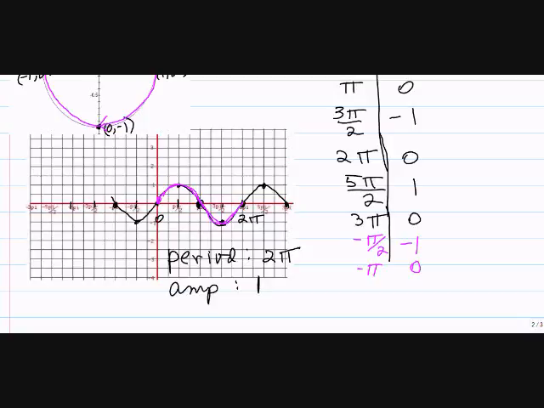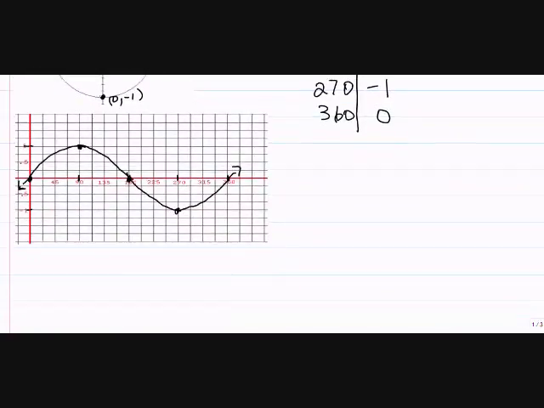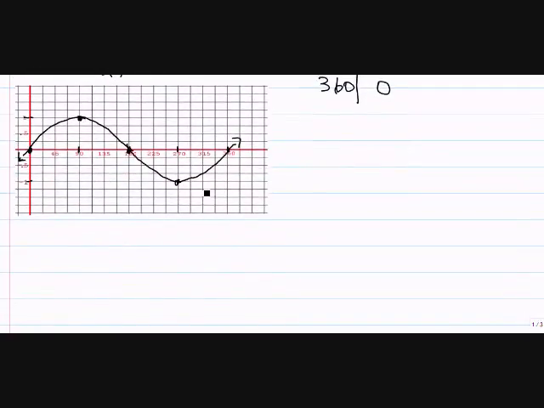What do you think the period and amplitude were for this graph when I did it in degrees? 360 gets me back to the beginning of the circle, so that represents 1 cycle.